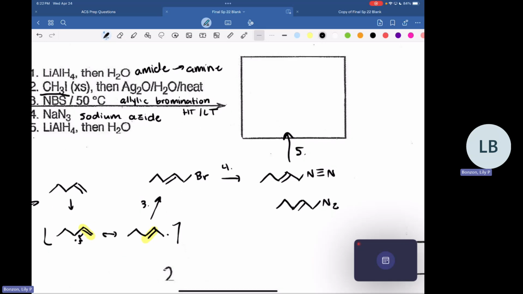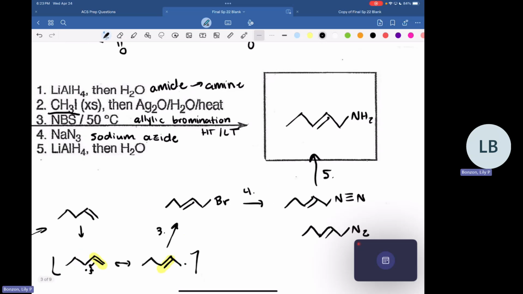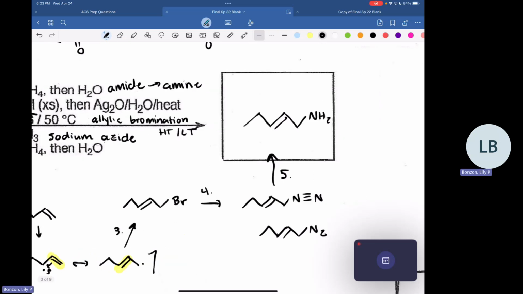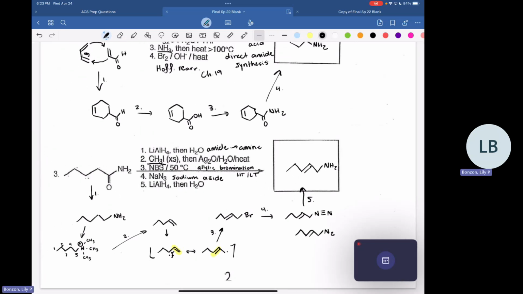This is going to reduce the nitrogen part to be an amine. We're just going to have our NH2. And then the alkene is not reactive enough with the LiAlH4, so that'll stay the same. The only thing that gets reduced will be the nitrogen. So that one's reaction set 3.